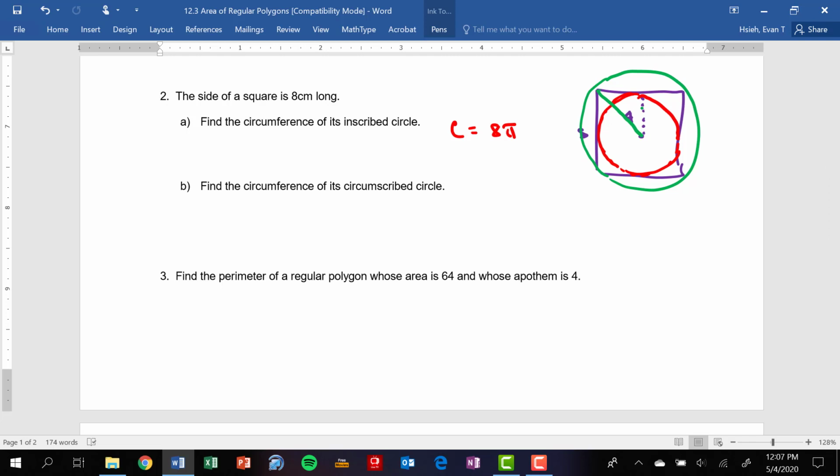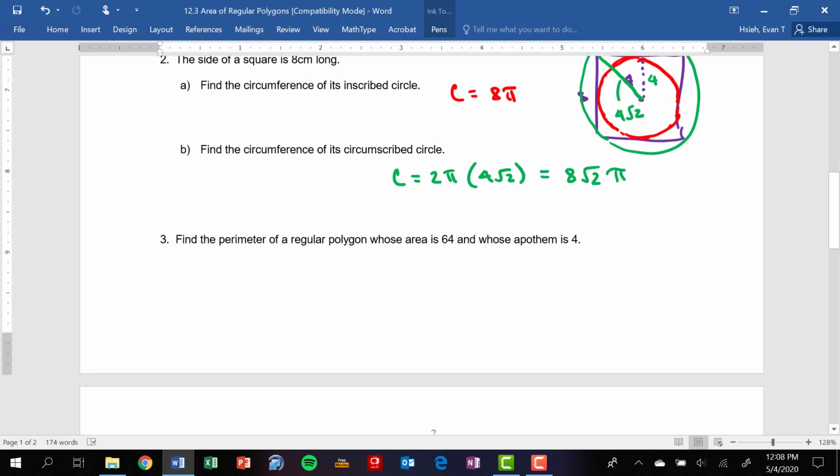If this has a length of 4, this has a length of 4 also, so that must be 4 times the square root of 2. 45-45-90 triangle. And so circumference is equal to 2 pi, the radius is 4√2, or if I simplify this, 8√2 pi to get an exact answer.